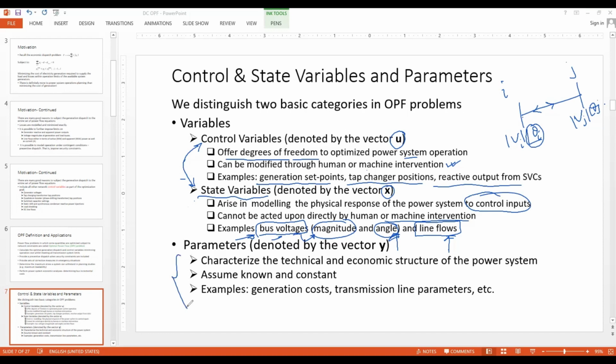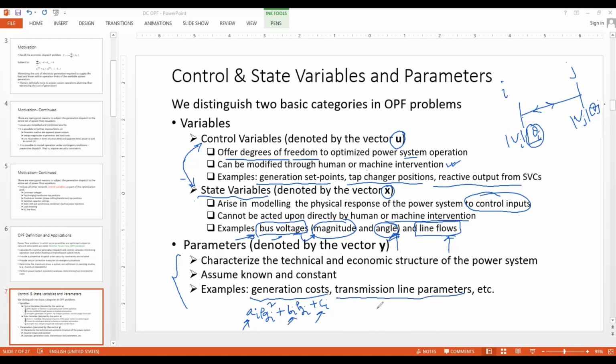And the last set of things are the parameters. These are constant parameters already provided to us, already known beforehand, like the generation cost. By generation cost, I mean, let's say if it is a quadratic function, we should know these coefficients: ai Pgi squared plus bi Pgi plus ci. So these coefficients should be known beforehand.